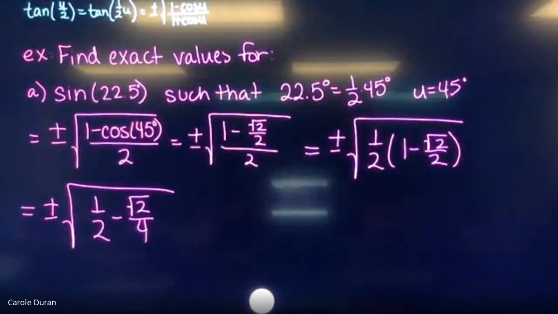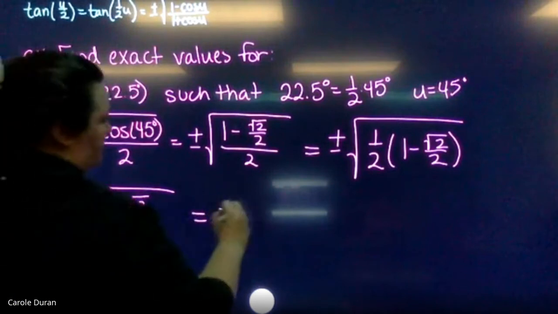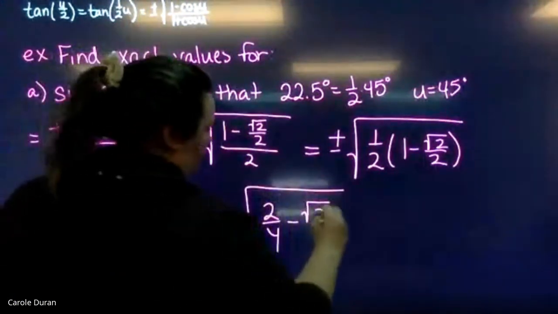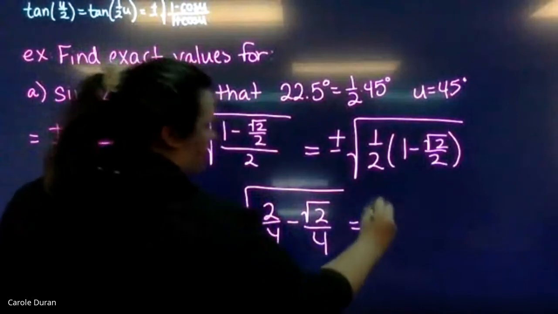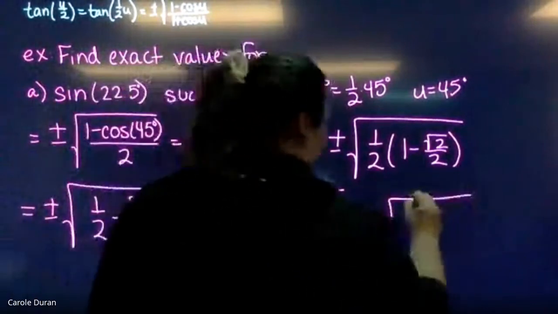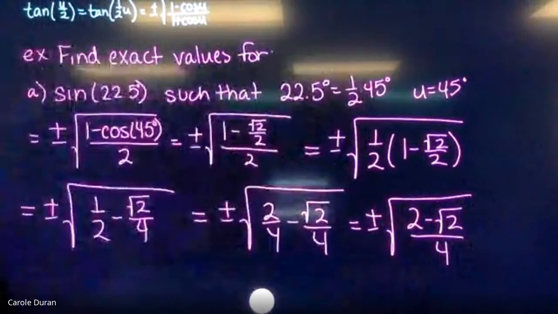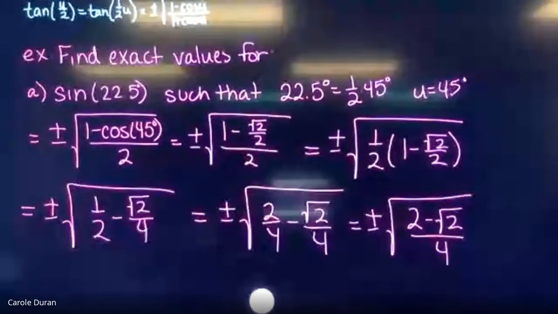I'm going to go ahead and simplify this farther by turning 1/2 into a denominator of 4. So 1/2 is equivalent to 2 over 4, which allows me to write it as 1 fraction. So it becomes this positive and negative square root of 2 minus the square root of 2, all over 4.